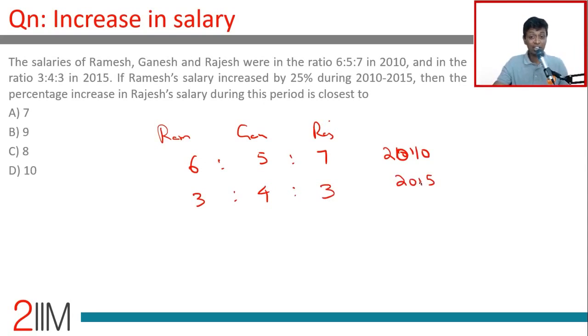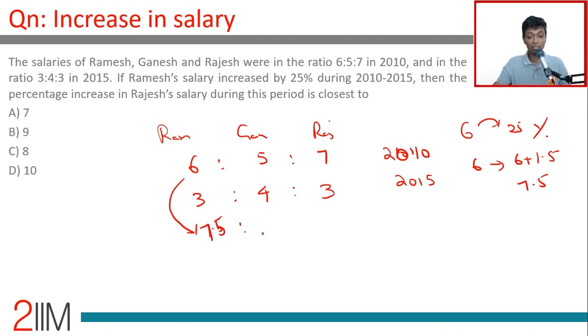If Ramesh's salary increased by 25% during 2010 to 2015, then 6 will become 6 plus 1/4 of 6. 1/4 of 6 is 1.5, so it will become 7.5. This 6 becomes 7.5.